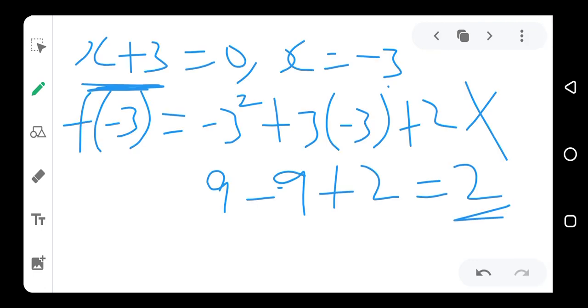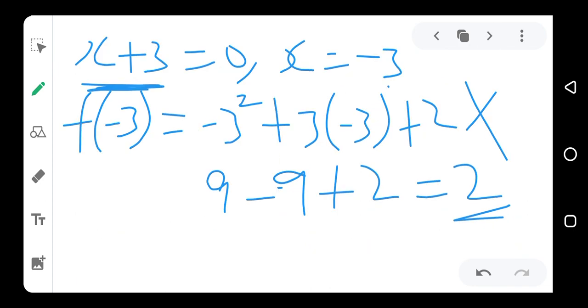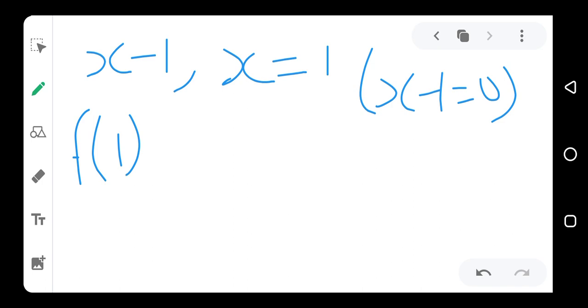The second one is x minus 1. For x minus 1, it means that x is equal to 1. That is, from x minus 1 is equal to 0, if you take 1 to the other side, it becomes x equal to 1. Now let's find function of x when x equal to 1.